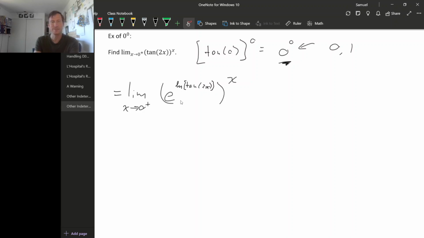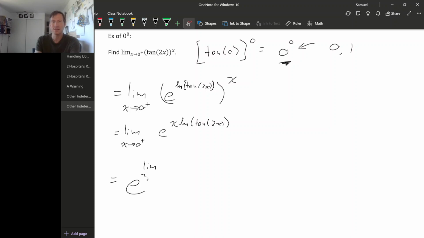Like this. Okay. Well, now we can do some algebra involving these exponents. So this is the limit as x goes to 0 from the right of e to the x natural log tangent 2x. Okay, but exponentiation is continuous. We can evaluate a limit involving exponentiation by just moving the limit to the exponent.